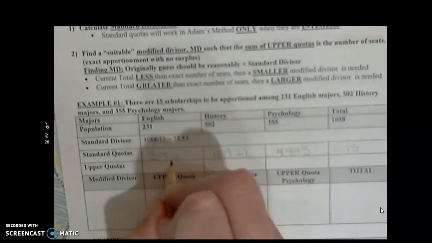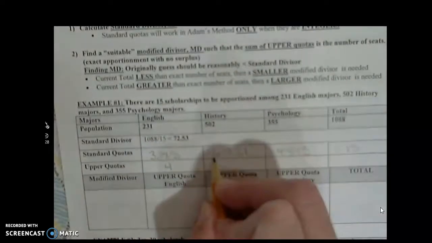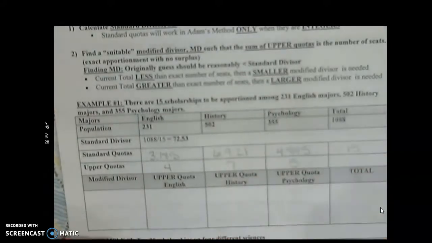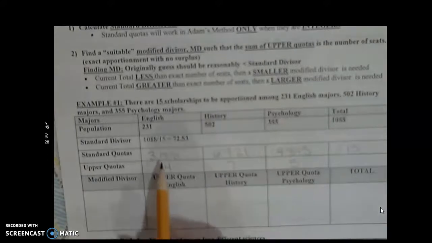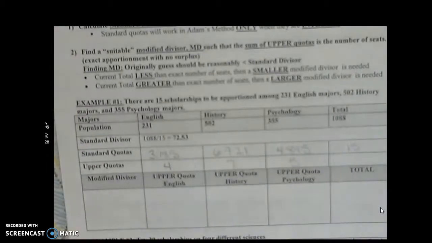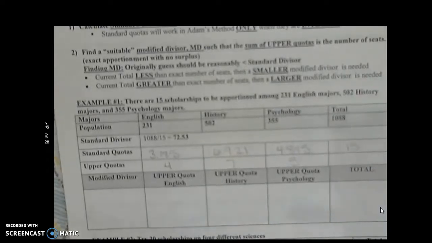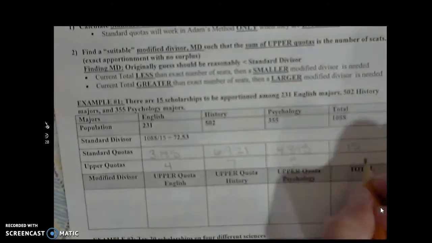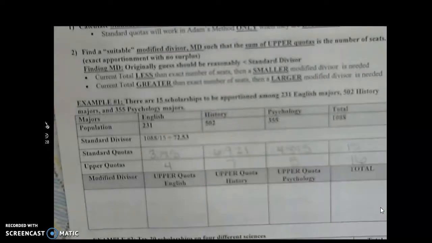So 3.1, that goes to 4. 6.9, that goes to 7. 4.8, that goes to 5. So you round everything up. Even with 0.1, your normal rounding rules would not round up, but on this one it does. If it has a decimal, then you round that number up. And so 4 plus 7 plus 5 gives me 16.